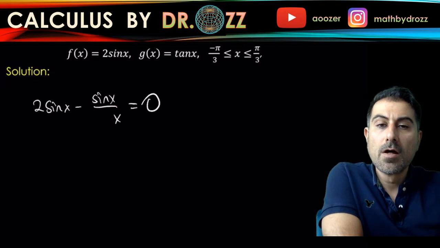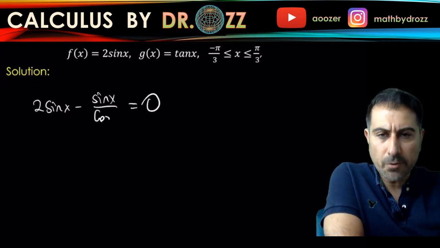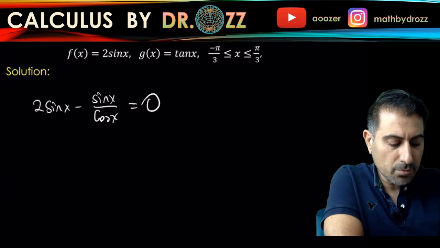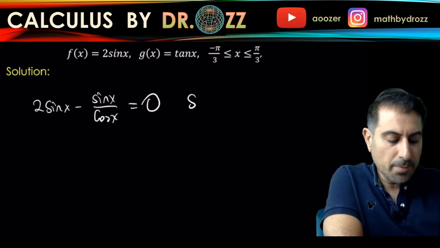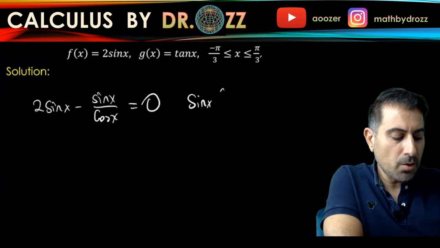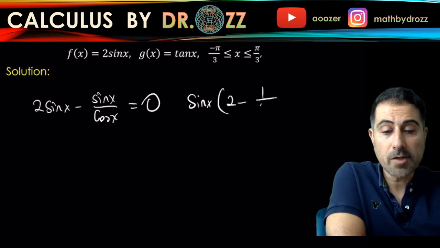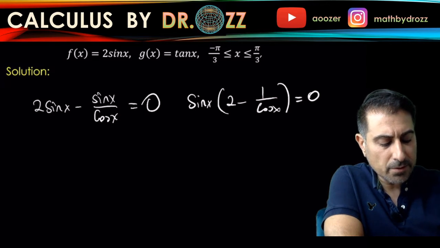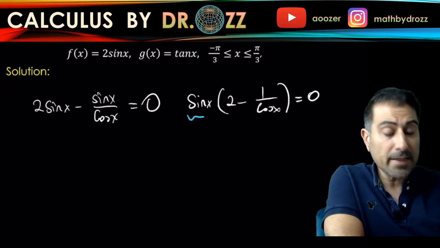Okay. So now let's try to solve this equation for x, and we have a common factor, sine x. Why don't we pull that out? 2 minus 1 over cosine x equals 0. Okay. We have two cases happening here. One is that sine is 0. Another one is that 2 minus 1 over cosine x equals 0.